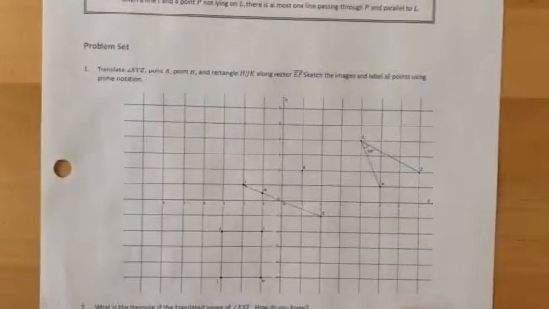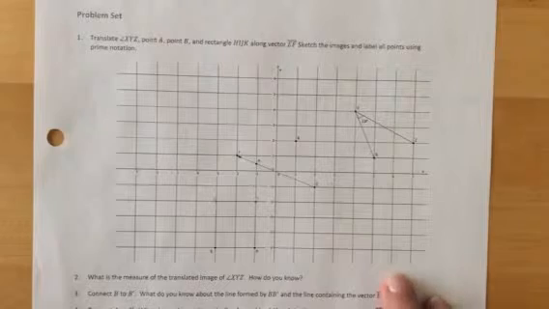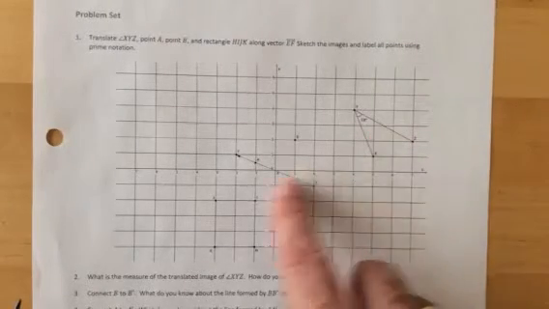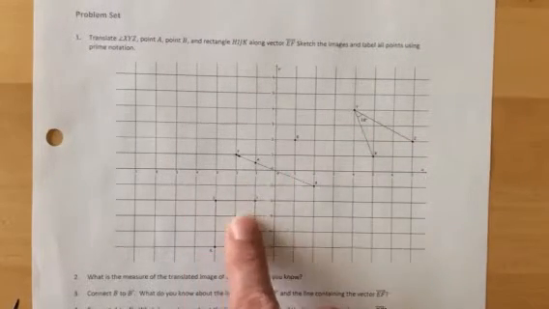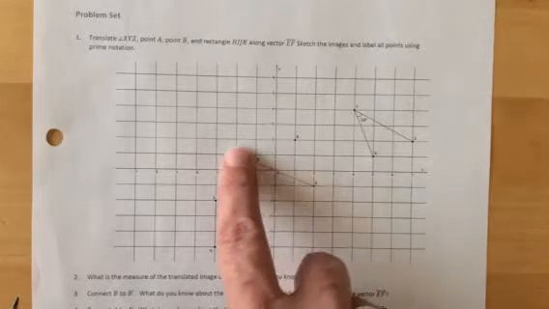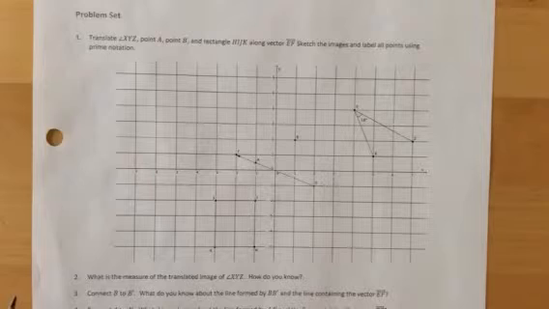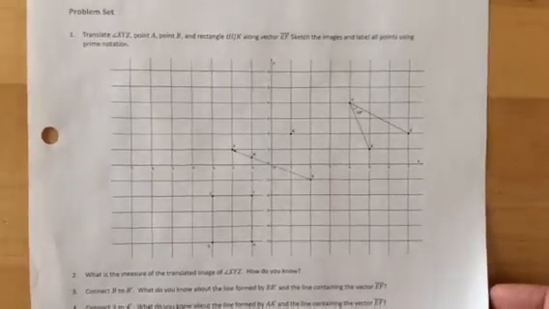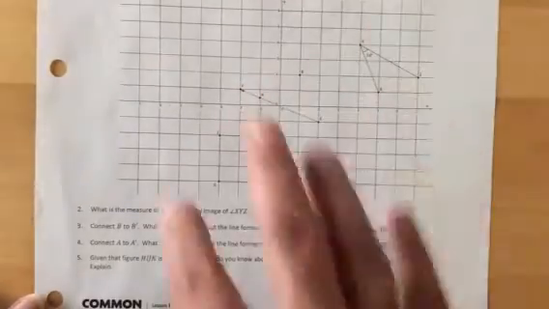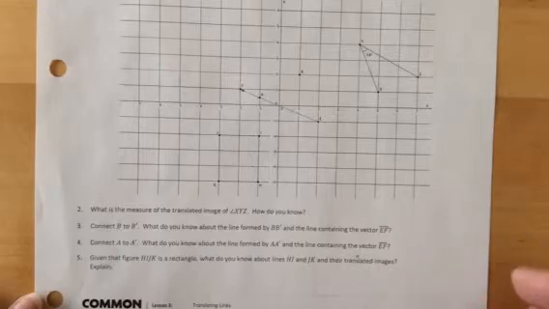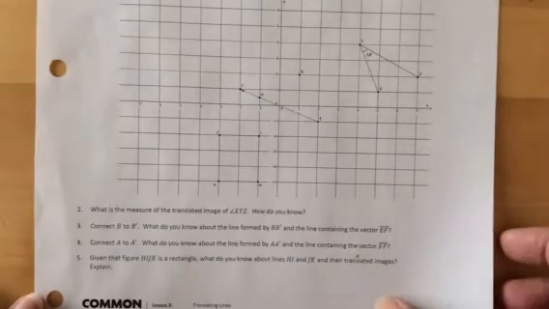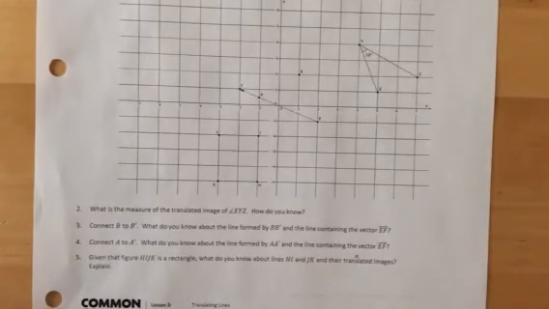Okay, and then in your problem set, you have angles, lines, and a quadrilateral that will all be translated along a vector. And you'll be sketching and labeling everything that you translate, and then asked to think about what you know about those translations. So that should be pretty quick and a good exercise for you. Okay, that's lesson 3.